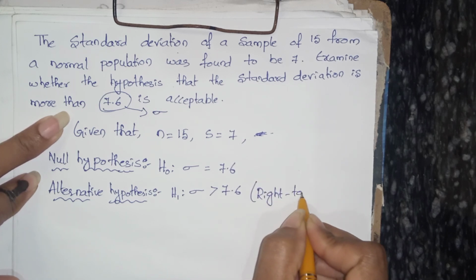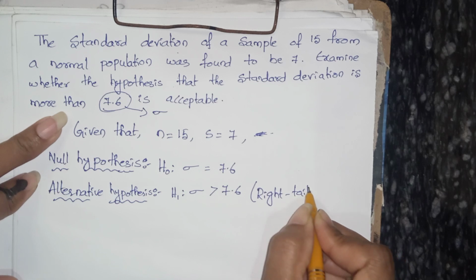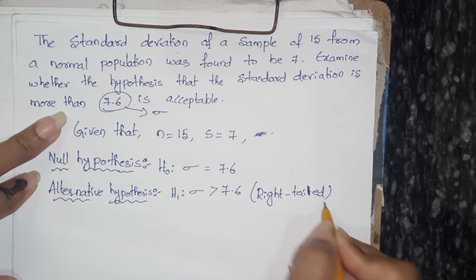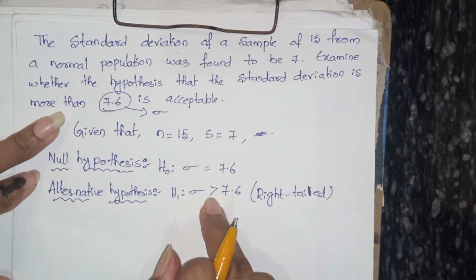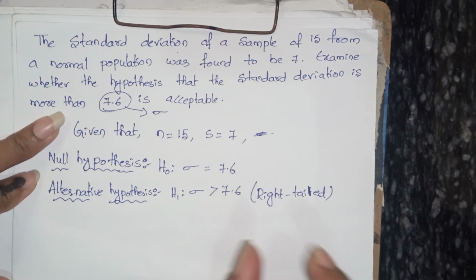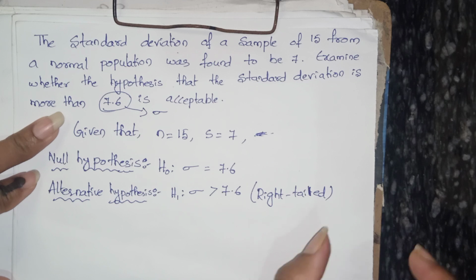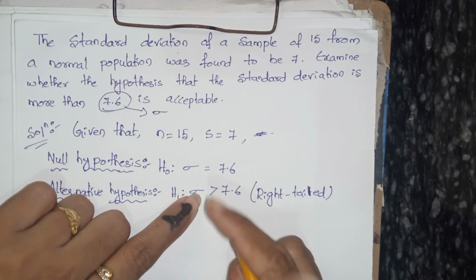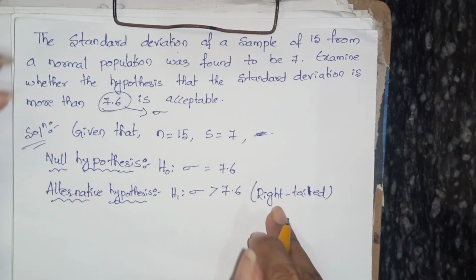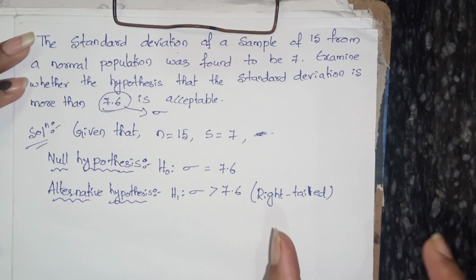As I told you, the alternative hypothesis will fix which table value we have to take. In the previous problem, when it was an equal to symbol, we used the two-tail test. Now it is a greater than symbol, so we have to use the right tail table value.